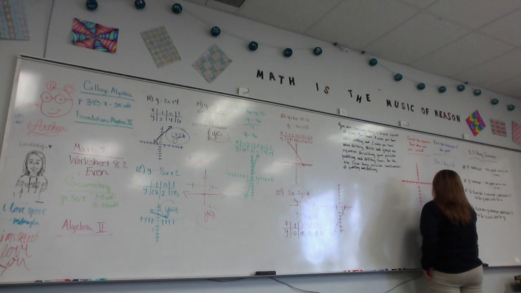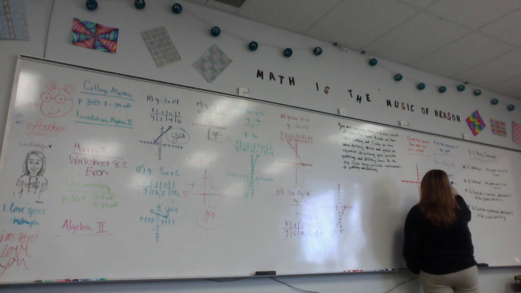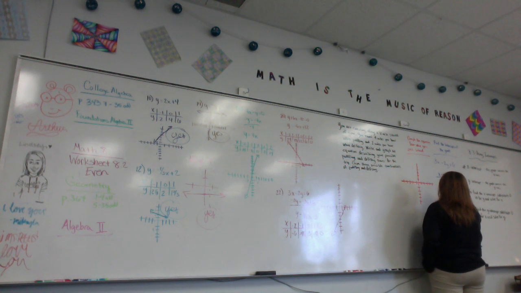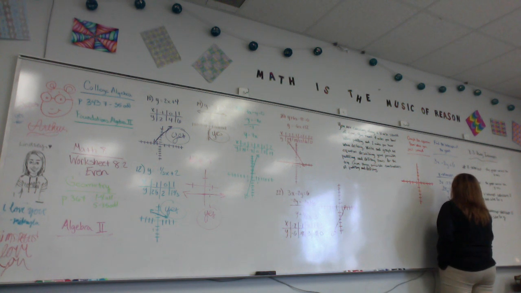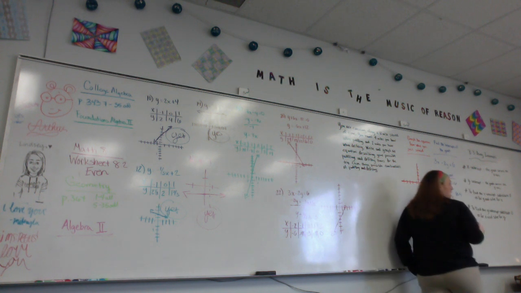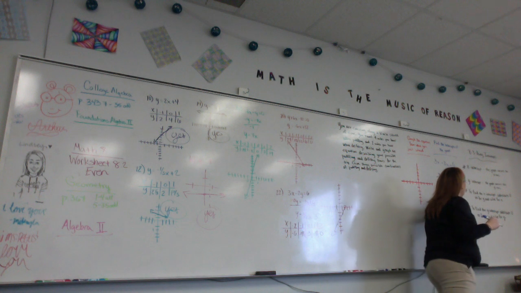So it would be 3x equals 6, and then you divide like normal, by 3, and x would equal 2. So my x-intercept is a solution point of (2, 0), because I plugged a 0 in for the y, and my x came out to be 2.